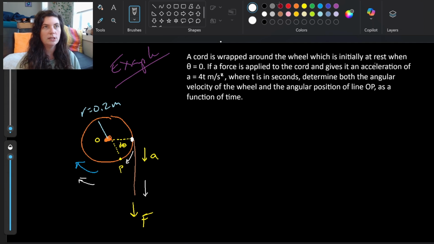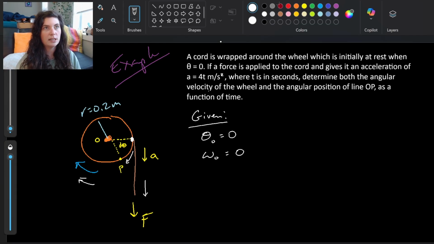So initially the wheel is at rest when theta equals 0. I'm going to pull out some important information that may be helpful to me. Initially my theta initial is 0, and initially at rest indicates that I have no initial angular velocity either. Angular velocity initial is 0.